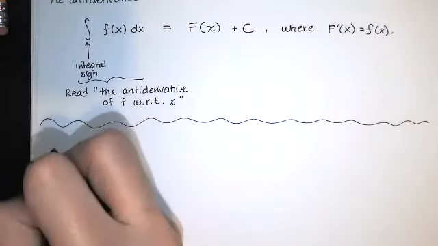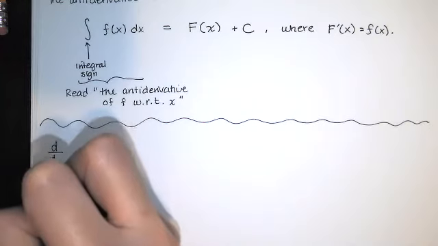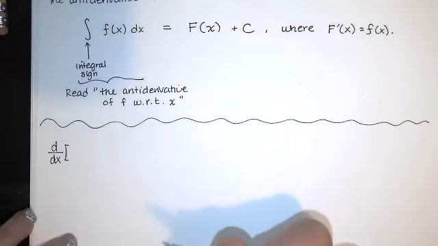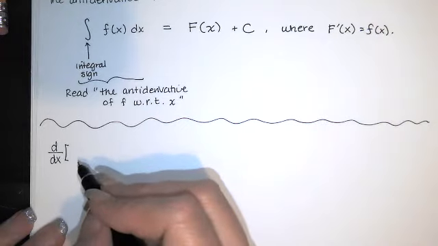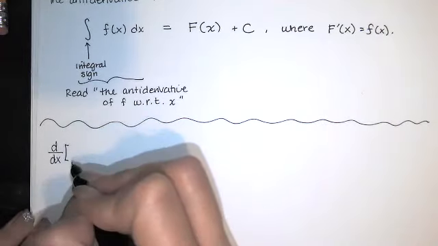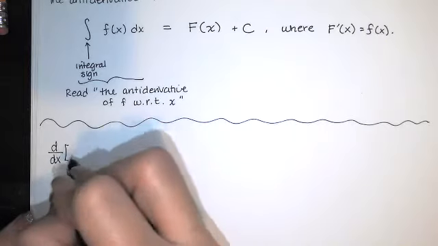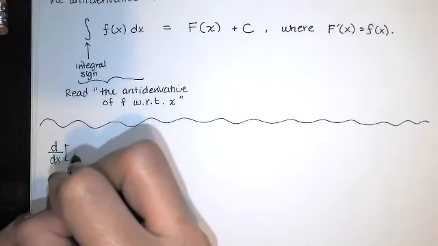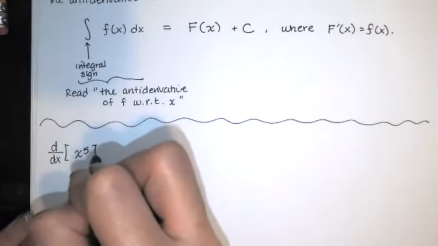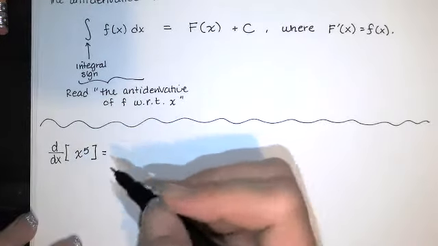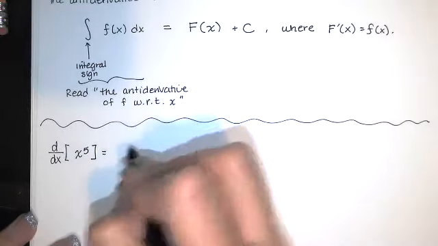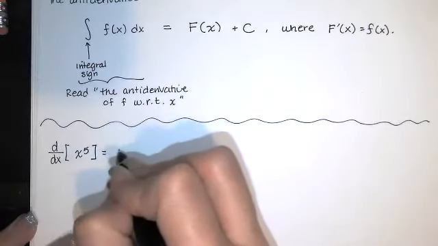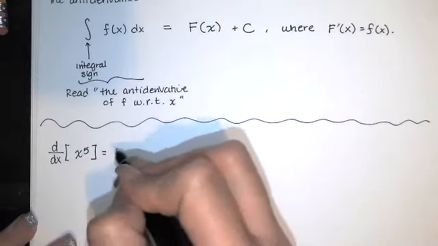Okay, so let's look at a derivative and then try to think through what we would have to do to undo that differentiation process. So let's say we started with the derivative of x to the fifth. The derivative of x to the fifth comes from using the power rule, right?